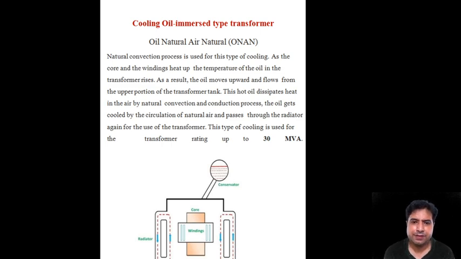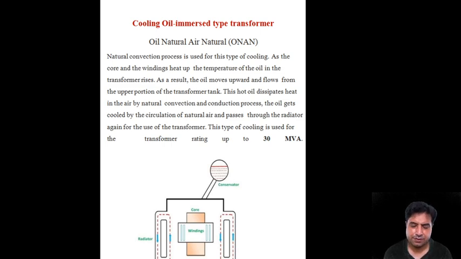The two methods which we have discussed earlier were for self-cooled or air-cooled transformers, that is, transformers which are not oil immersed. Now insofar as cooling of oil immersed transformers is concerned, we will discuss such methods one by one. The first one is oil natural, air natural cooling.